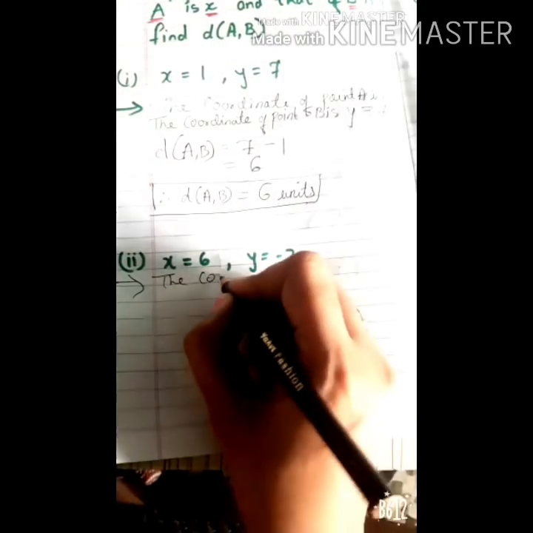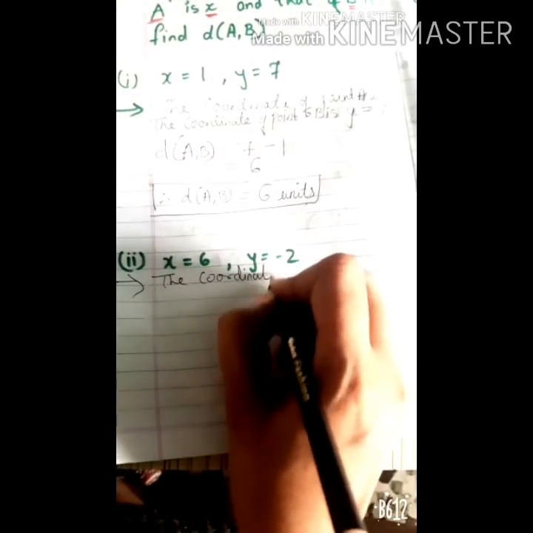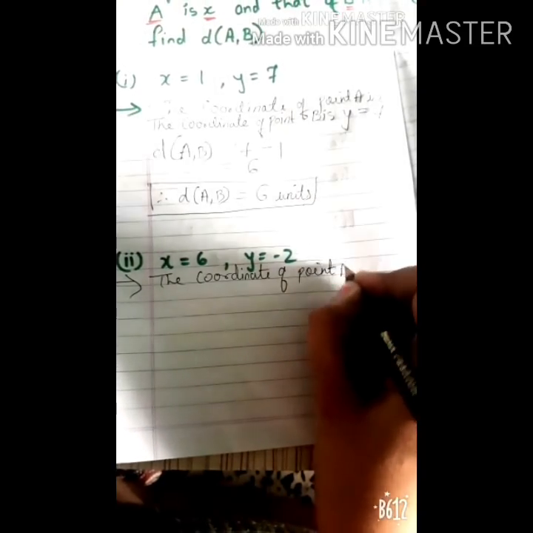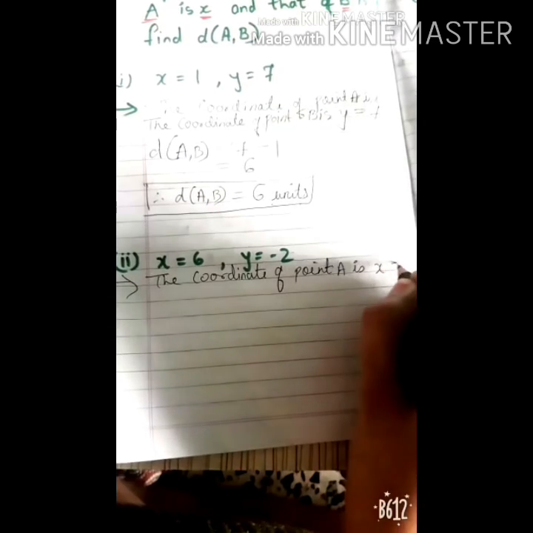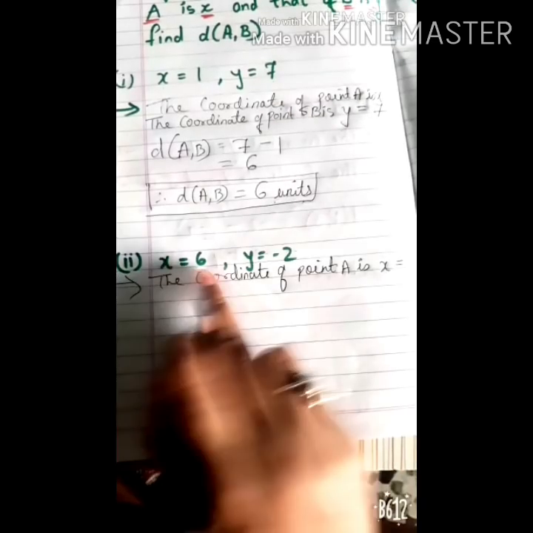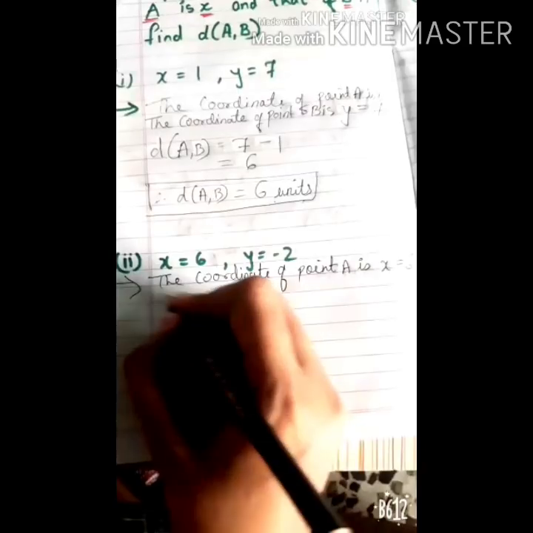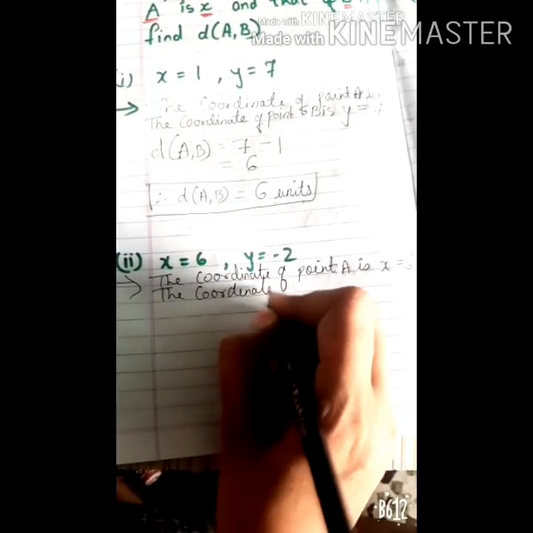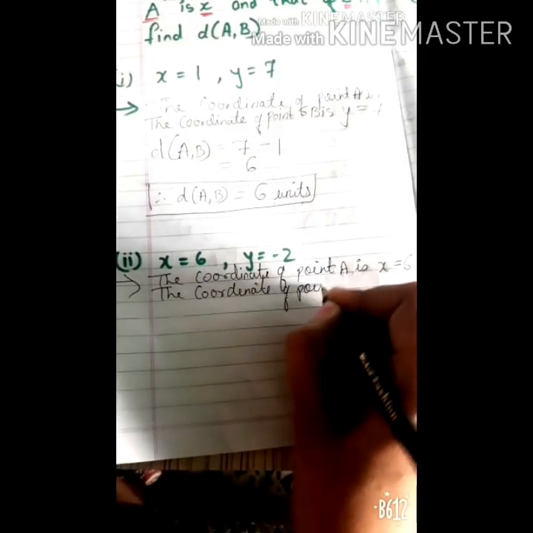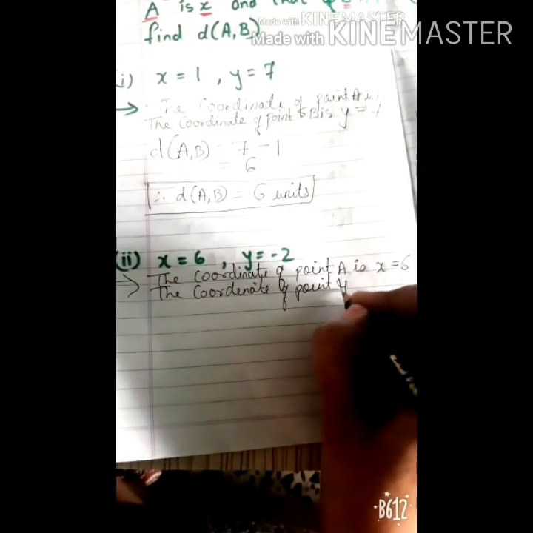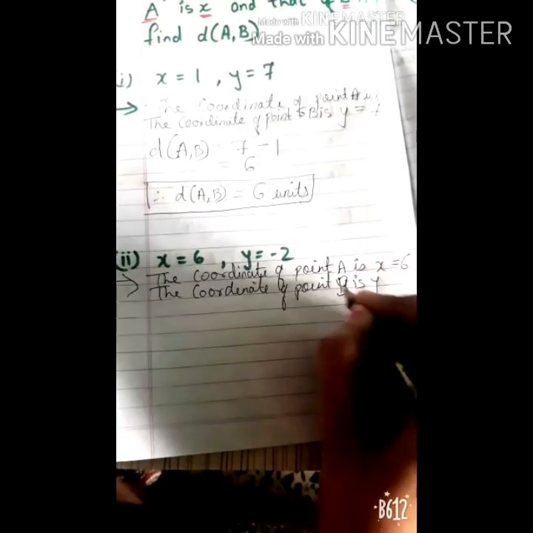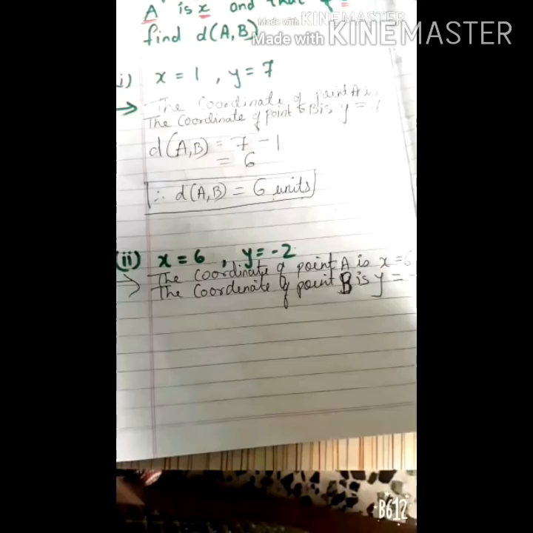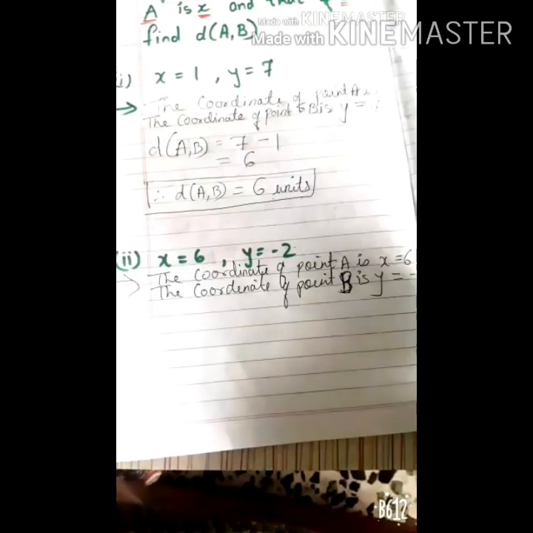The coordinate of point A is x, and the value of x is given as 6. The coordinate of point B is y, and the value is given as minus 2. So one is positive, one is negative.